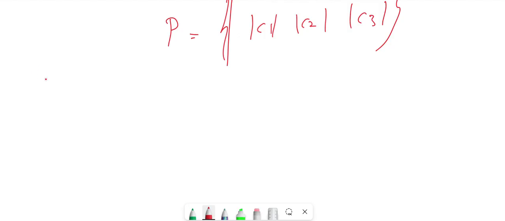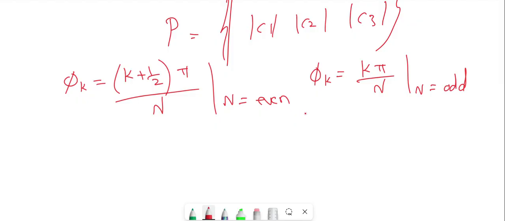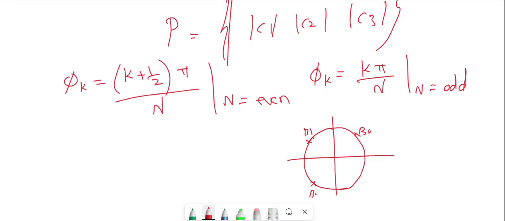The angle of the poles for Butterworth, for n even and odd: phi k is equal to (k plus 1 by 2) times pi by n for n even, and phi k is equal to k pi by n for n odd. So this is B0, B1, B2, B3, showing how the poles are located.